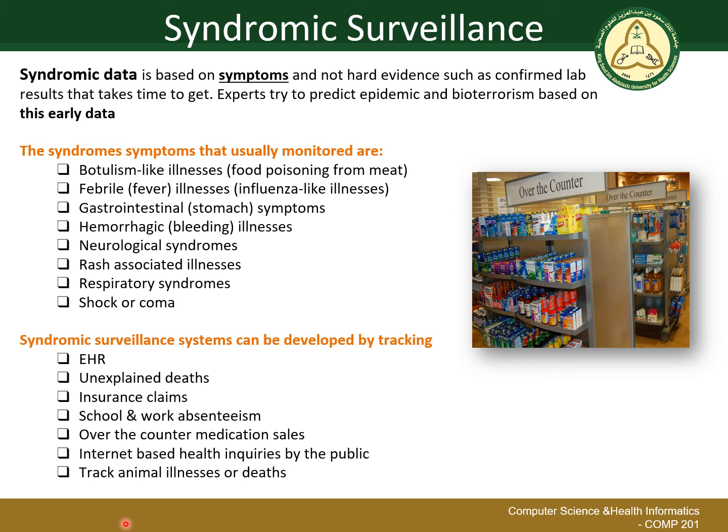So after the fact, it was discovered that sales of over-the-counter anti-diarrhea medications had increased more than threefold weeks before health officials knew about the outbreak. So if the over-the-counter medication sales had been monitored, the logic goes, thousands of infections might have been prevented.